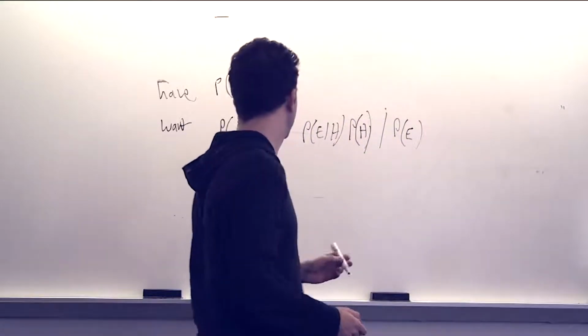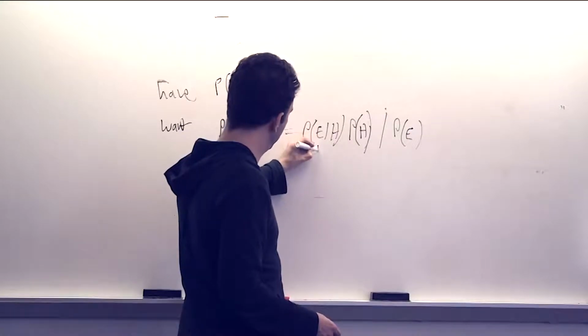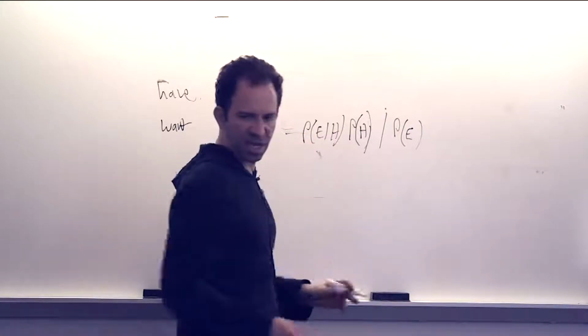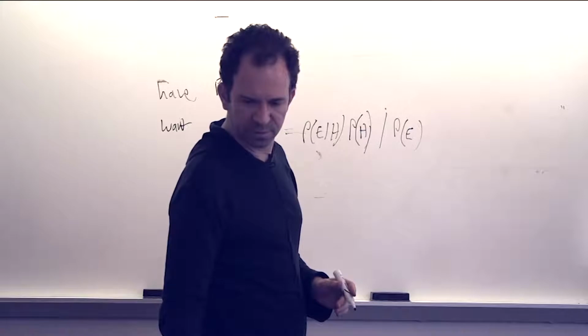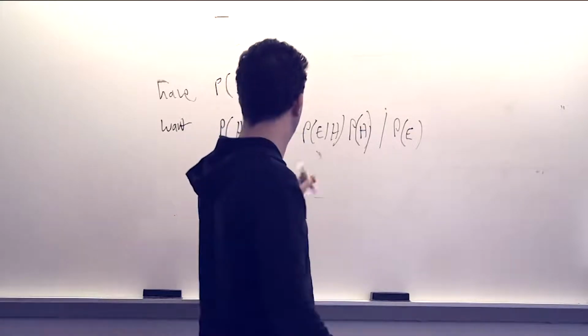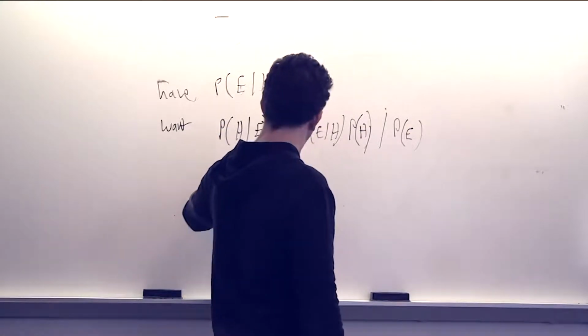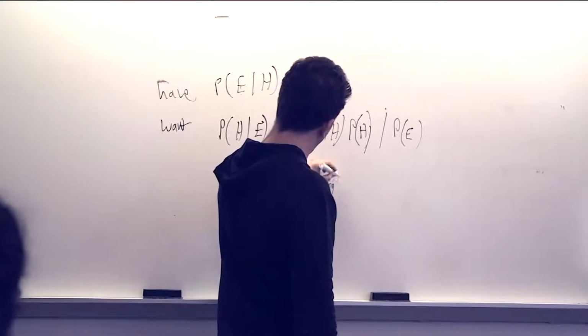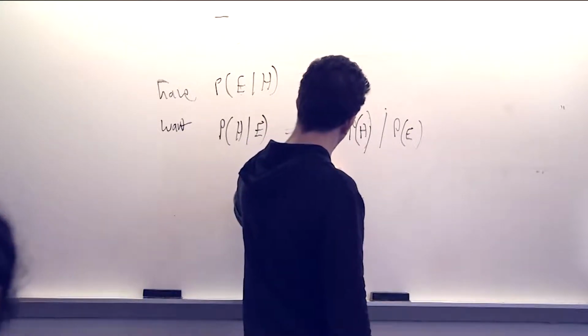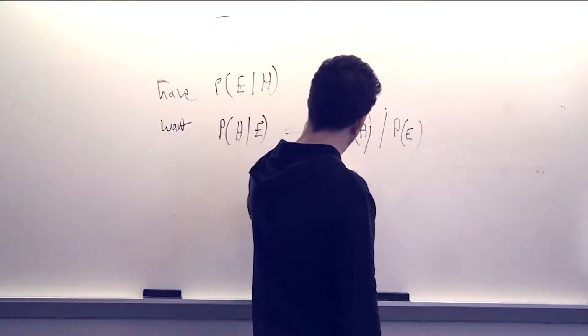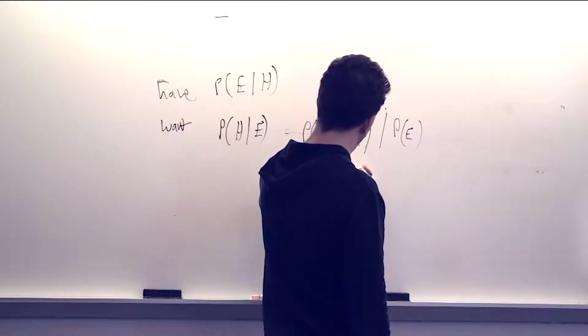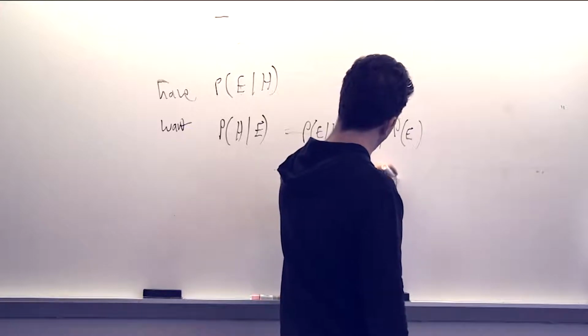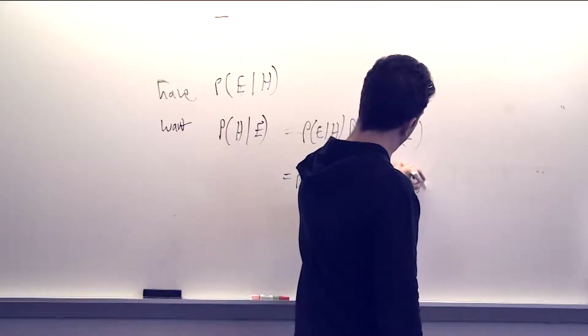There we go. So in this case, if we translate this out, this is the probability of coughing given cold times the probability of cold divided by the probability of coughing. So it tells us how to reverse this.